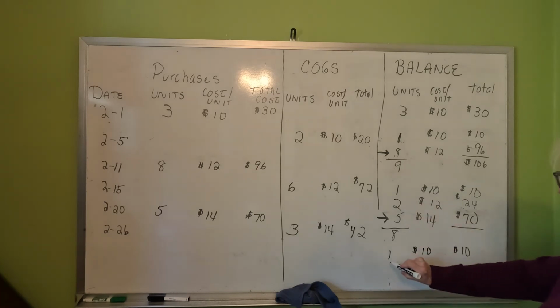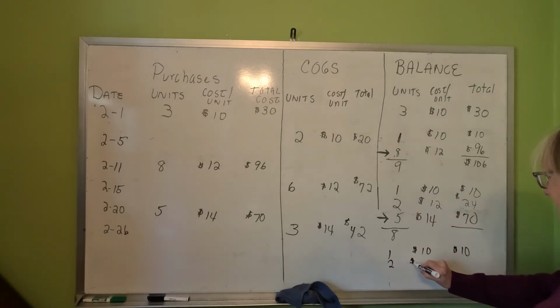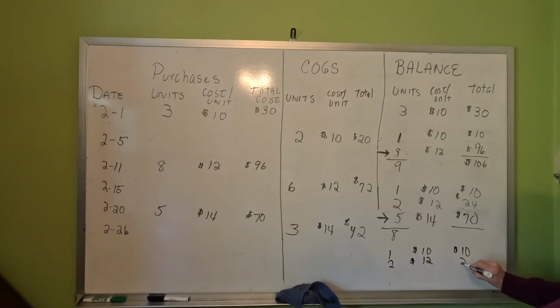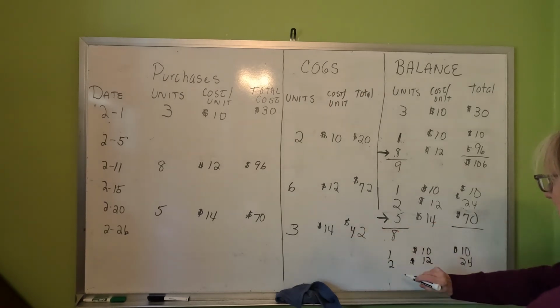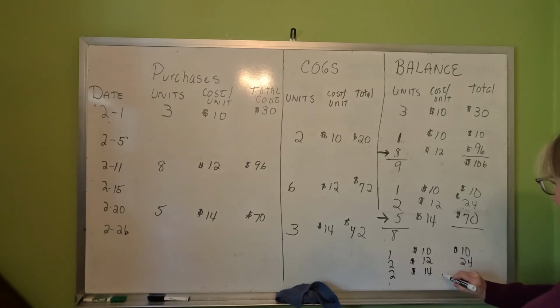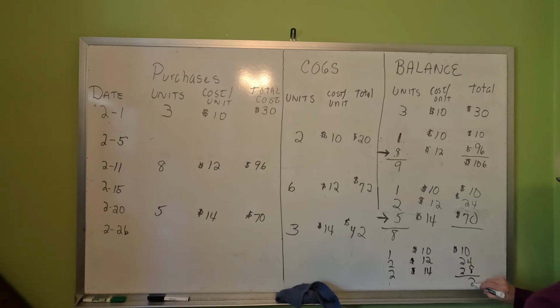We still have 2 at 12 for 24. And then 5 take away 3, we've got 2 at 14. So that's 28. So 10 and 24 and 28 gives 62. So our ending inventory ends up at 62.